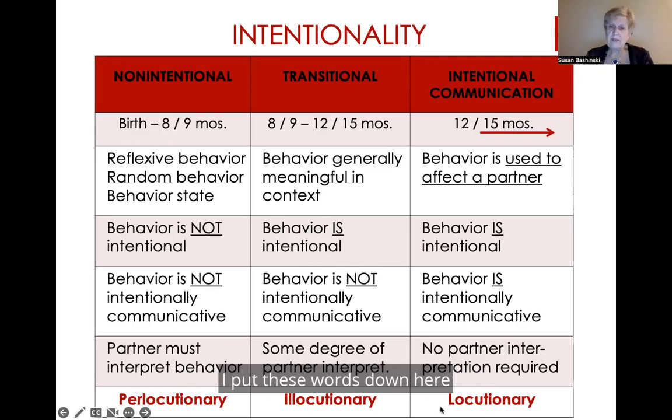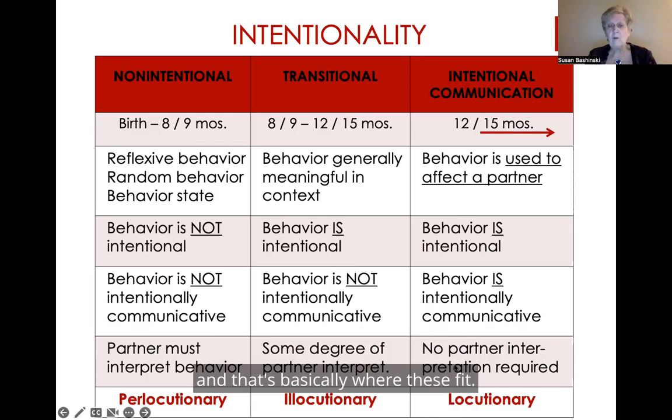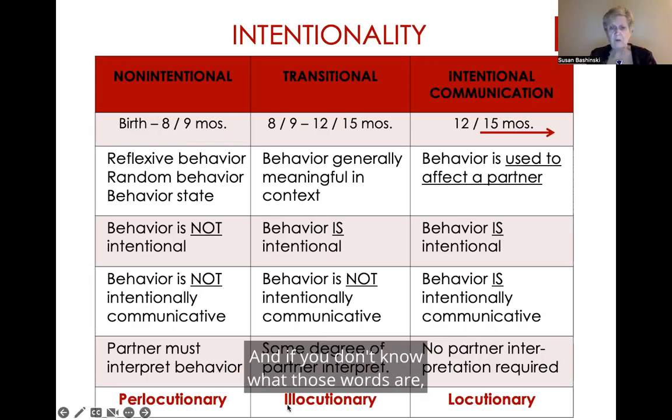I put these words down here for those of you who are speech pathologists, because I know you study the perlocutionary, illocutionary, locutionary work of Bates and her team, and that's basically where these fit. And if you don't know what those words are, don't worry about it. It's okay. Doesn't matter. Perlocutionary basically describes non-intentional and so on and so forth.